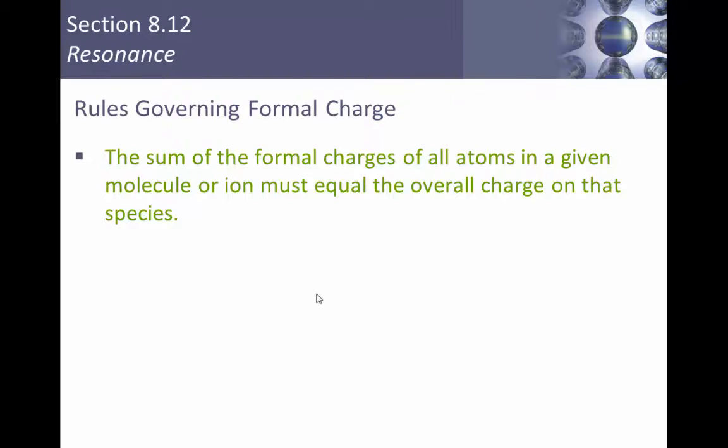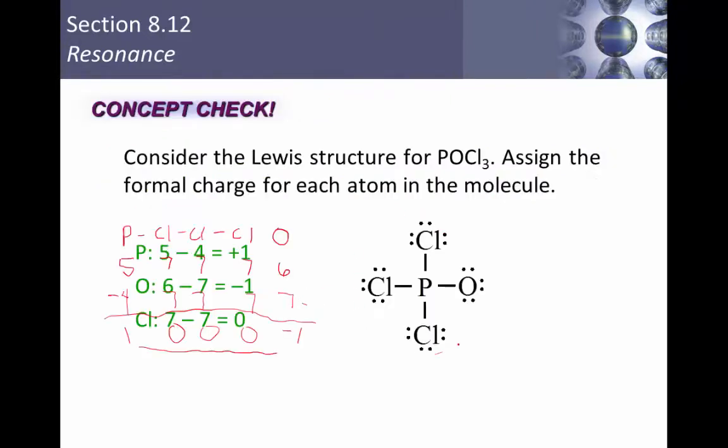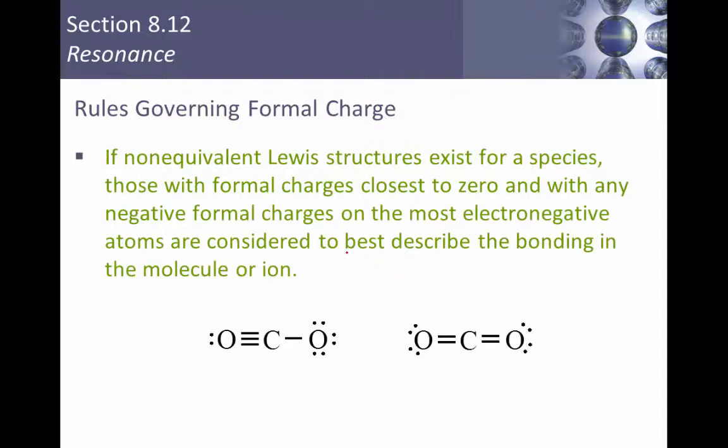So if we go back, the overall charge on this molecule is neutral. There's no brackets and there's no charge. So if we add these together, 1 plus 0 plus 0 plus 0 plus negative 1, it equals 0, which is what this molecule is, neutral.